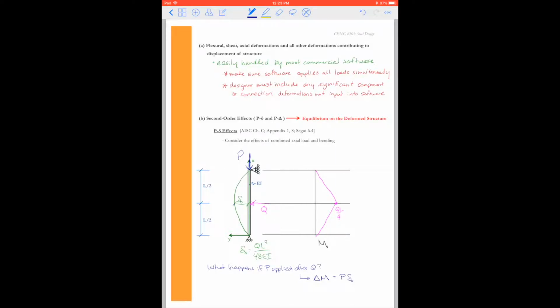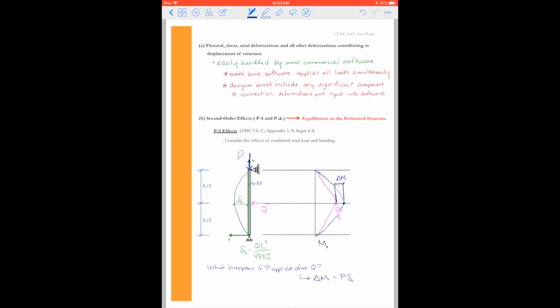And so this extra moment causes our moment diagram to shift out a little bit. Because the deflection is kind of cubic, we would have some sort of curved moment diagram, where the additional value here is delta M. Okay, so this is one way to think about it.